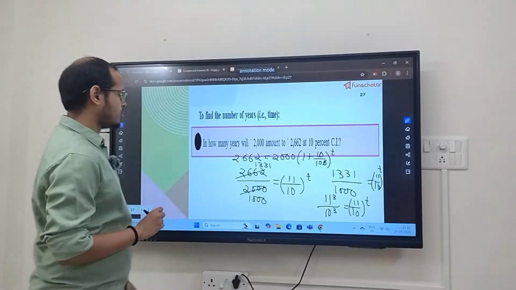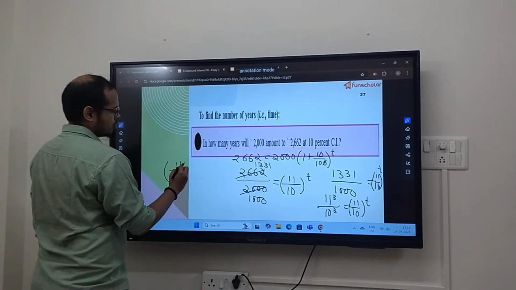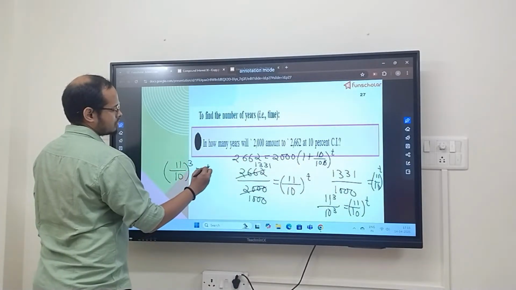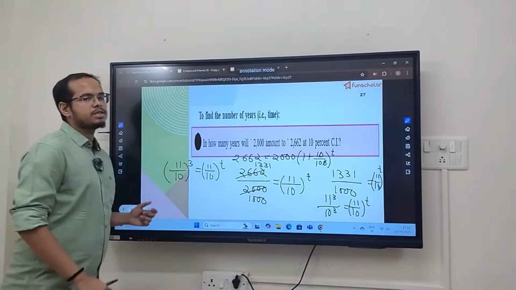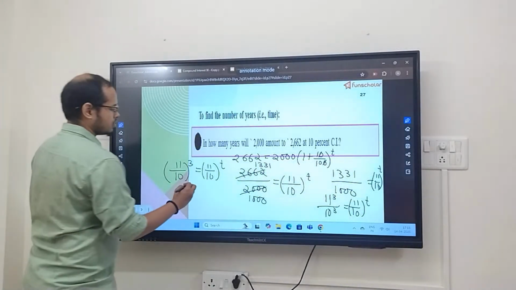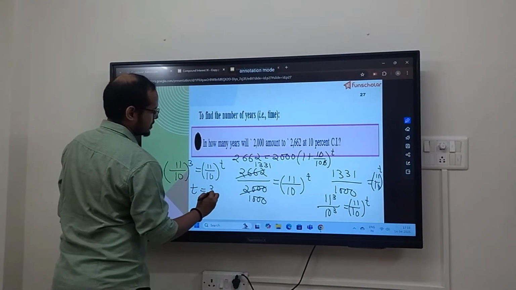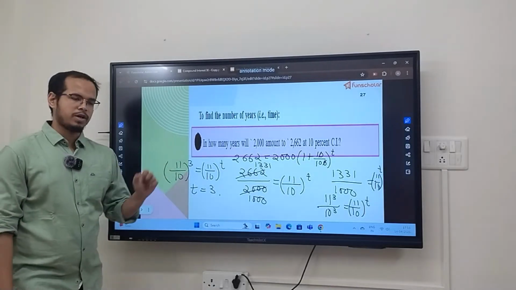So this particular portion we can write like this, right? 11 by 10 whole cube is equal to 11 by 10 to the power t. So if the base is same, then the power has to be same, right? So then t is equal to 3. So the time taken for this is 3. So this is the answer for this one.